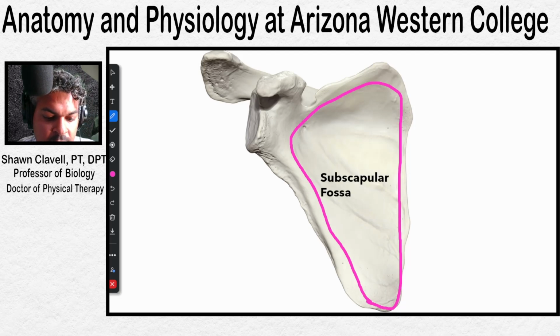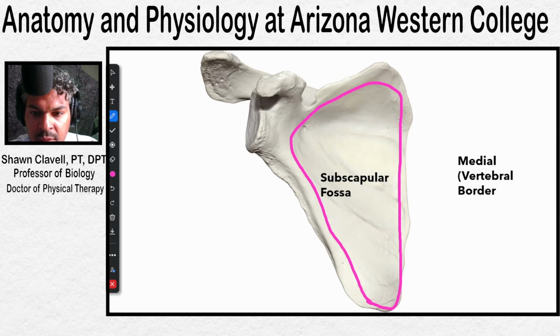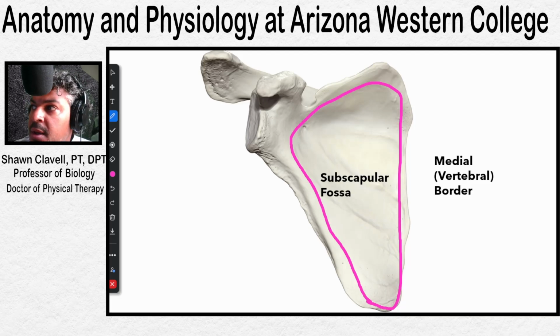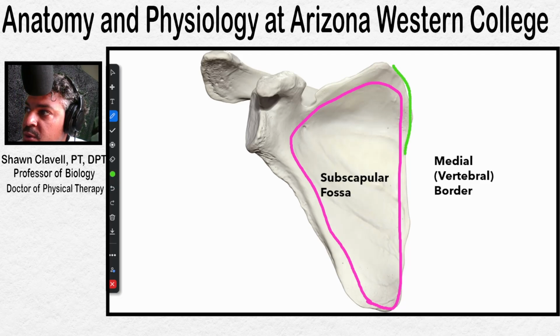And as I mentioned, the big medial border, or referred to as the vertebral border, is the big expansive border here that extends all the way down here. And again, that's because it goes towards the thorax, or the ribs and the vertebrae.